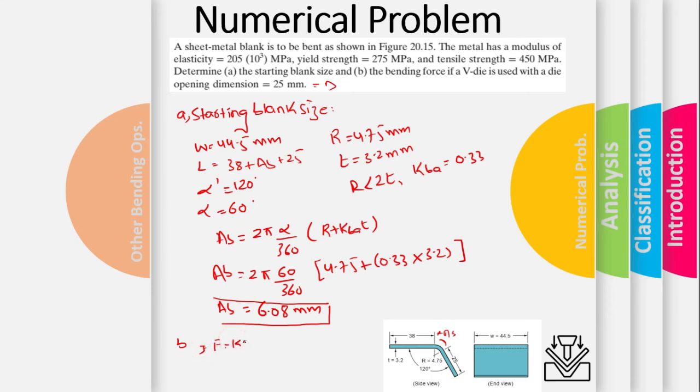equals to KBF into the tensile strength into WT square, that's width into the thickness square, divided by the die opening dimensions.